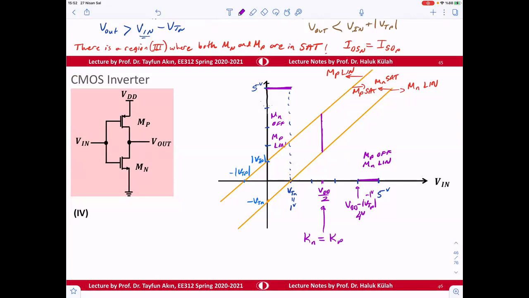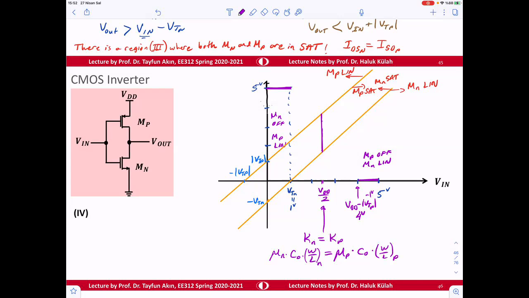If you remember, Kn is mu n times the oxide gate capacitance per unit area times W divided by L of N. If this is equal to mu P times the oxide gate capacitance per unit area times W over L of P.